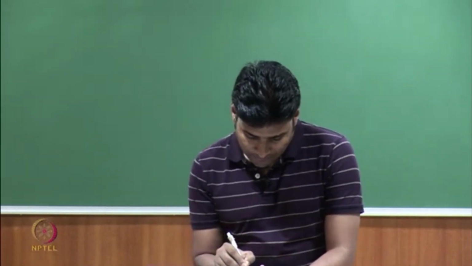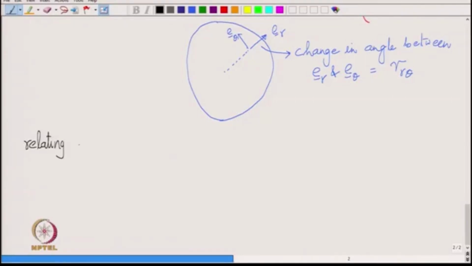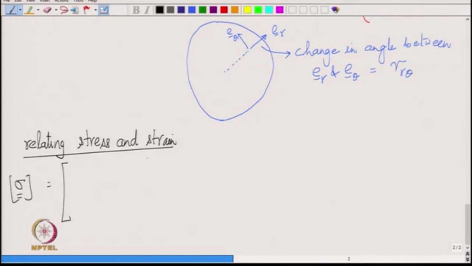So, relating stress and strain, the stress matrix: we have sigma r r, tau r theta, tau r z, tau r theta, sigma theta theta, sigma z z, tau theta z, tau theta z, tau r z.